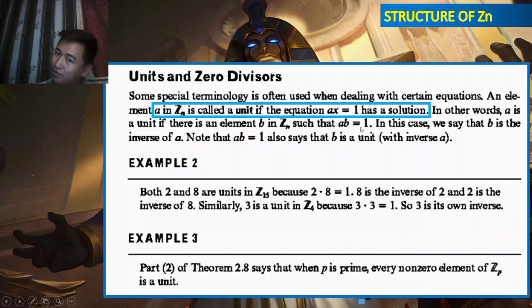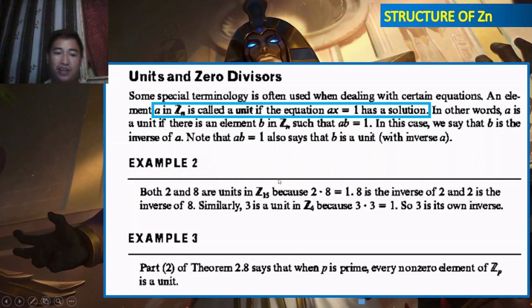Okay, di AB equals 1. So, both 2 and 8 are units in Z15. 2 times 8 is equal to 1. Tama, 2 times 8 is 16, di ba? Yung 16, kung divide mo by 15 kay Z15 man eh, remainder is 1. Therefore, 8 is the inverse of 2. So, si 8 ang inverse ni 2.